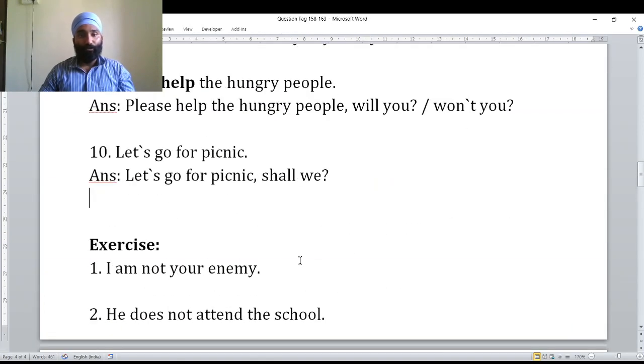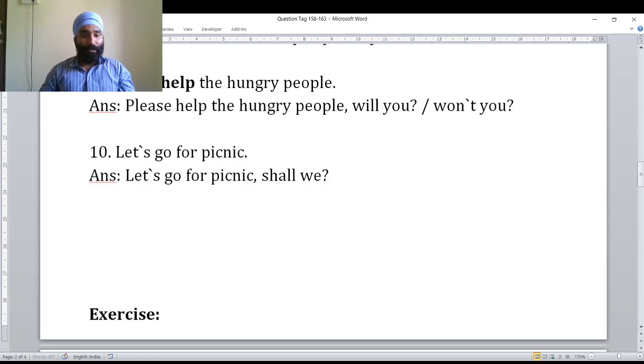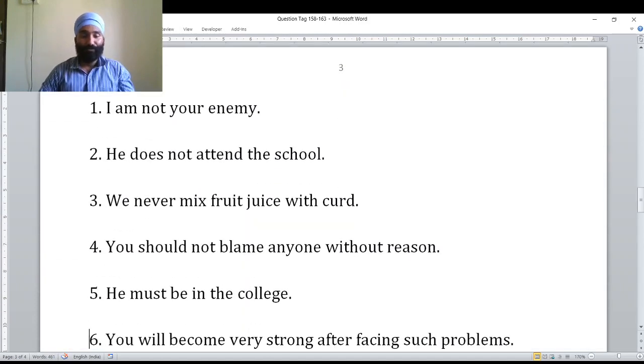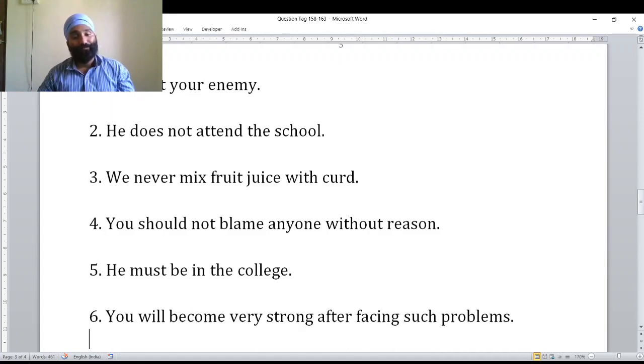You have to solve the exercise. In the exercise, I have given 25 sentences. Copy these sentences in your notebook and add question tags to them. If you have any doubt, ask on my personal WhatsApp number.